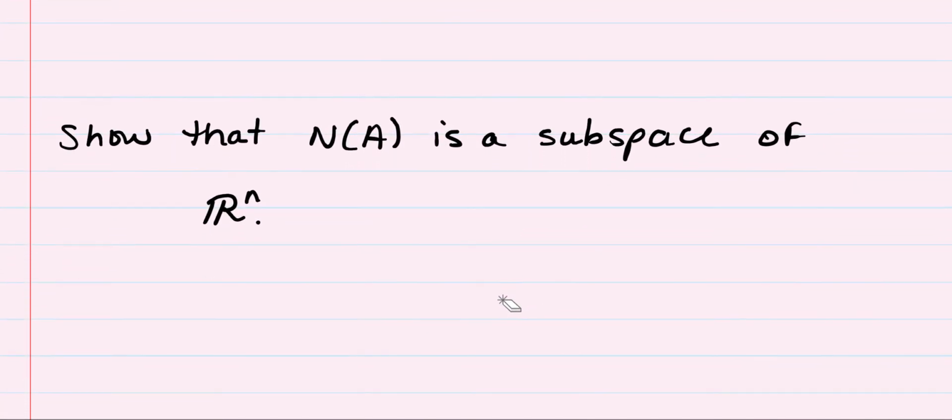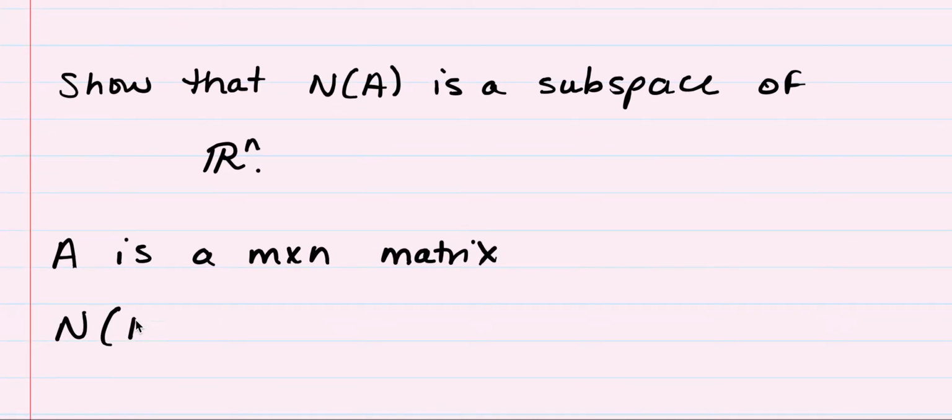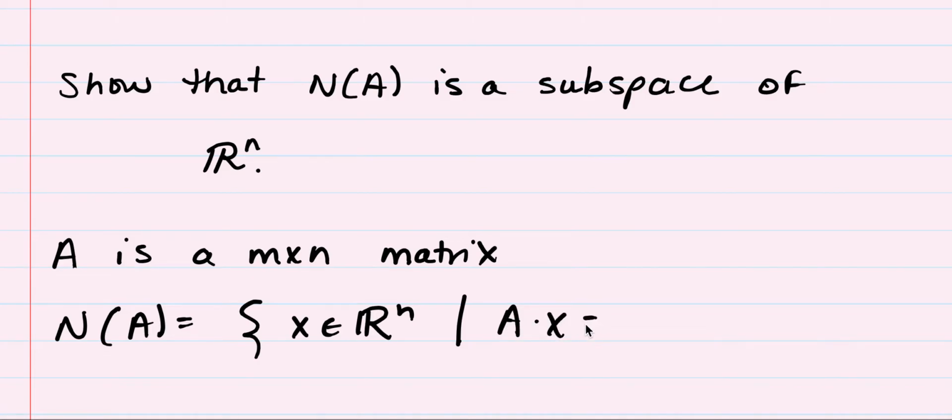Let's show that the null space is a subspace of Rn. So A is an m by n matrix. And we said that the null space is all the vectors x in Rn such that A times x is the m by 1 0 vector.